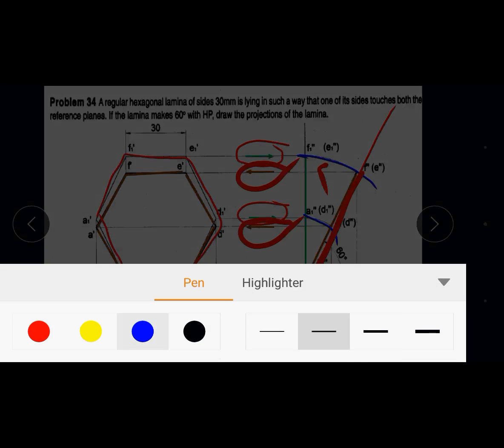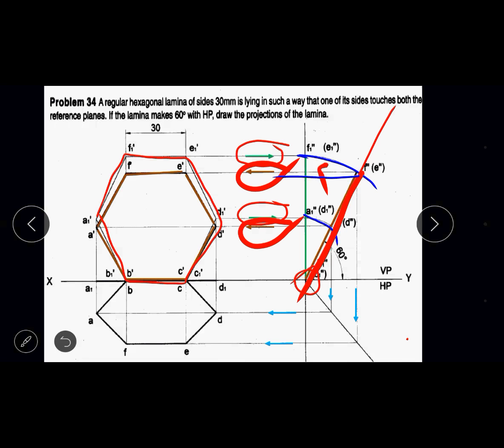So draw the projection line from the inclined side view, which I have shown in the form of brown arrows. Then after that draw the projection line from the regular lamina. Just at the point of intersection you will get an irregular lamina, which I have shown in the form of a brown line.